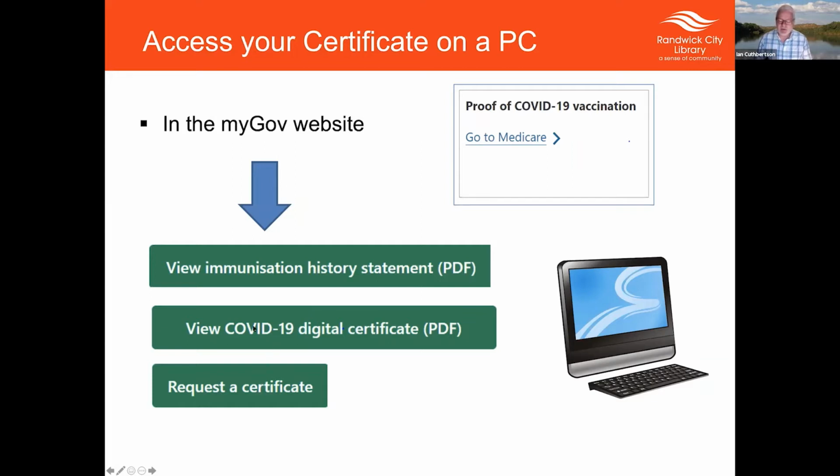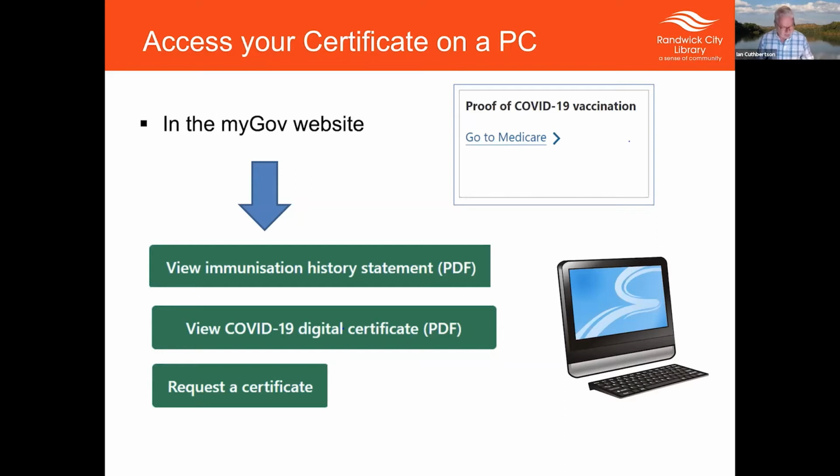Now the thing is, once you've been vaccinated, this goes up to the register. I can't remember what it's called. I think it's AIR. I'll talk about that in a minute anyway. And so it's ready and waiting for you. So provided you've got a Medicare card, that should be all happening for you.